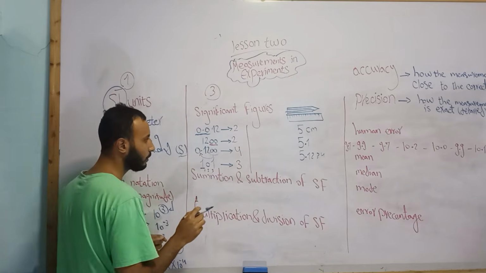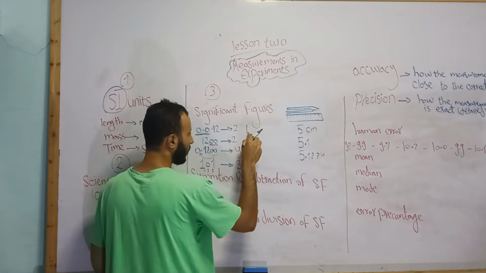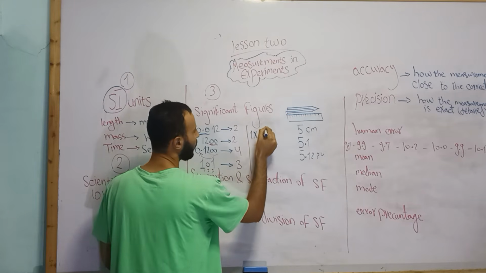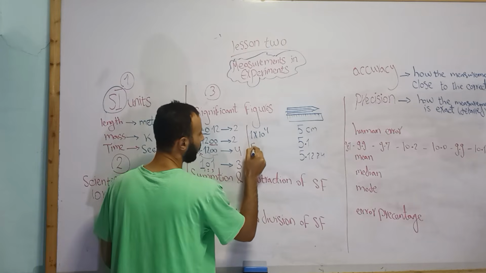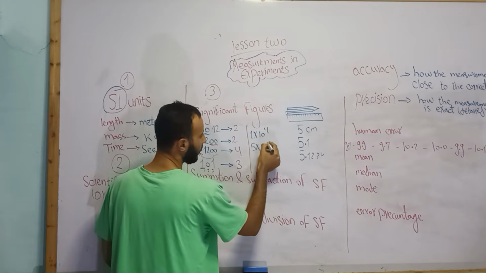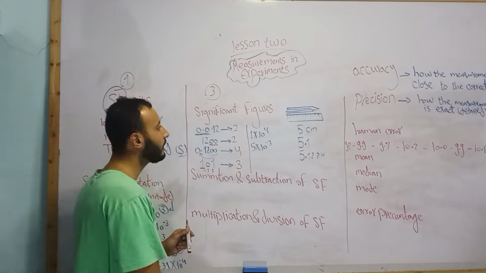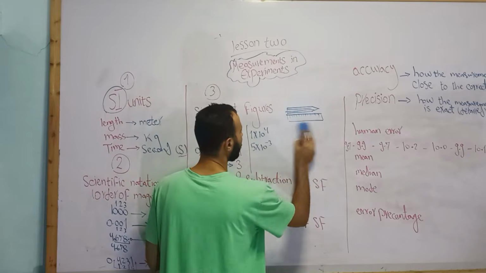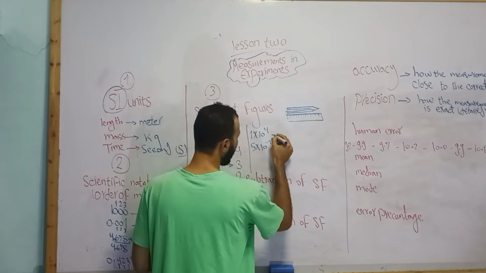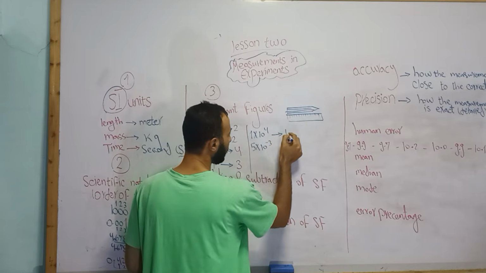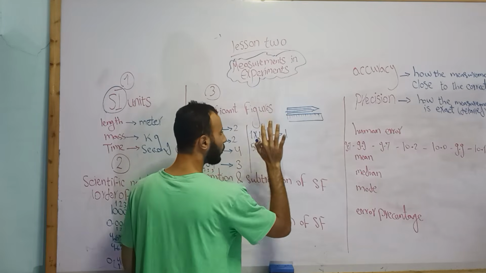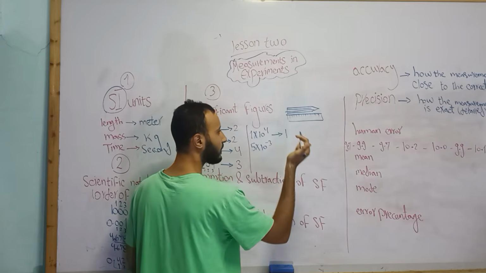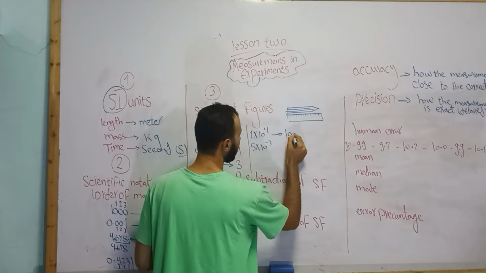So what if I give you another example like this: 1 times 10 to the power 4, or 5 times 10 to the power -3. How many significant figures do you have in this situation? You know that the origin of this number is 1 with 4 zeros in front of it, because 10 to the power 4 means 10 times 10 times 10 times 10, so the origin is 10,000.